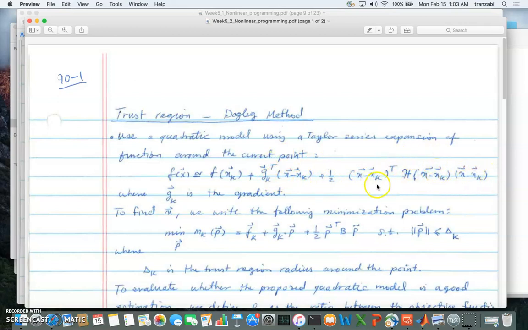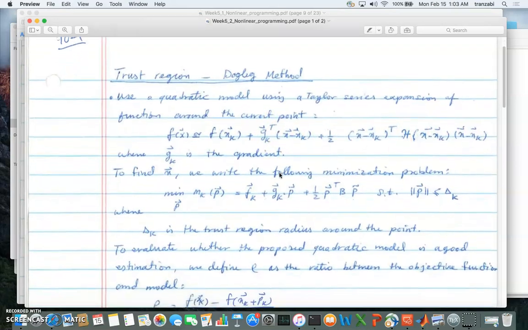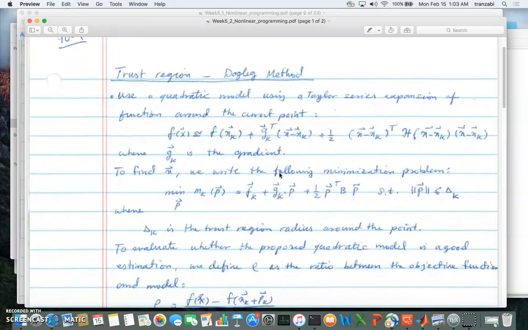So this is basically delta x squared times the second derivative of f, and this is just the first derivative of f. Now in the simplest form, we can say instead of minimizing f, we're going to minimize only these three terms. Let's say we change our f approximately to these three terms.